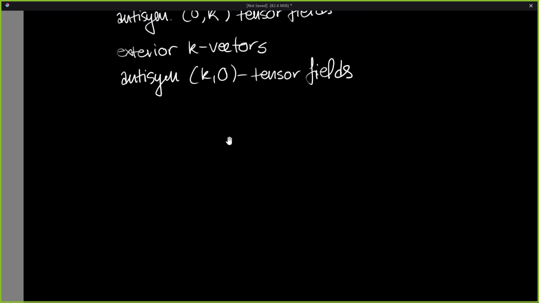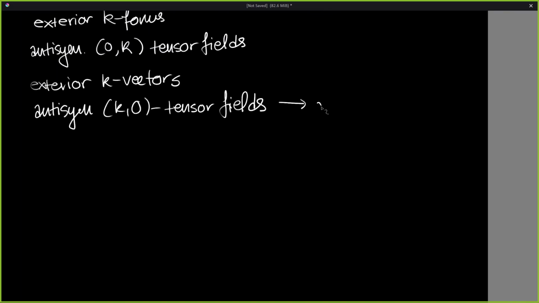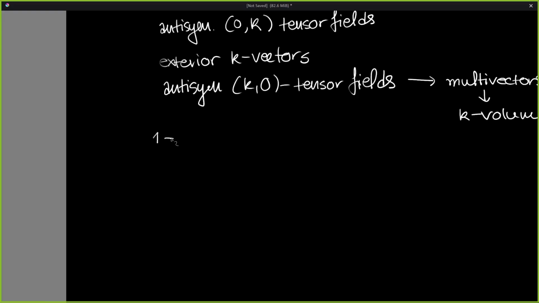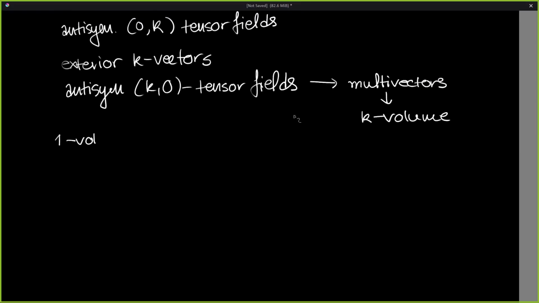So these things are called multivectors. And they define something called a K-volume, or an oriented K-volume.